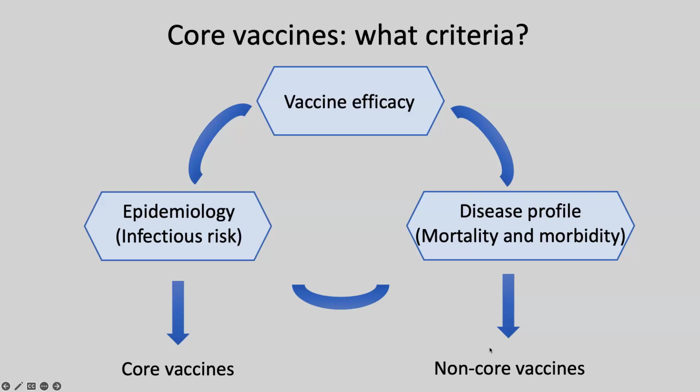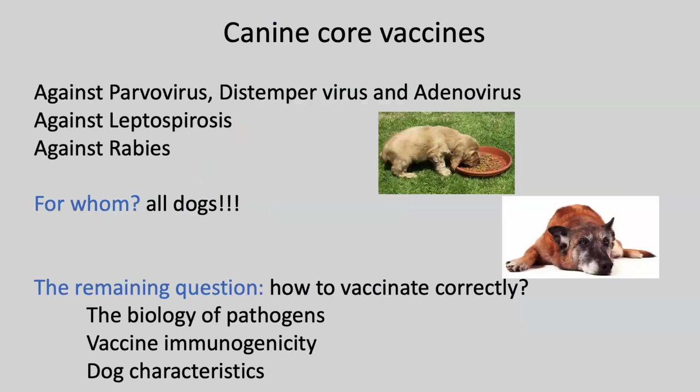So today we're going to talk about core vaccines, and I want to make a short presentation about the main vaccines that are available, the diseases corresponding with the infectious risk, and the level of efficacy of each vaccine.